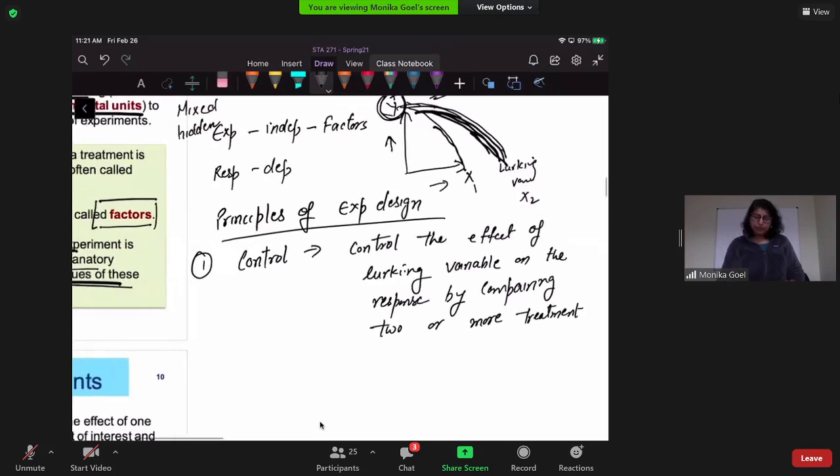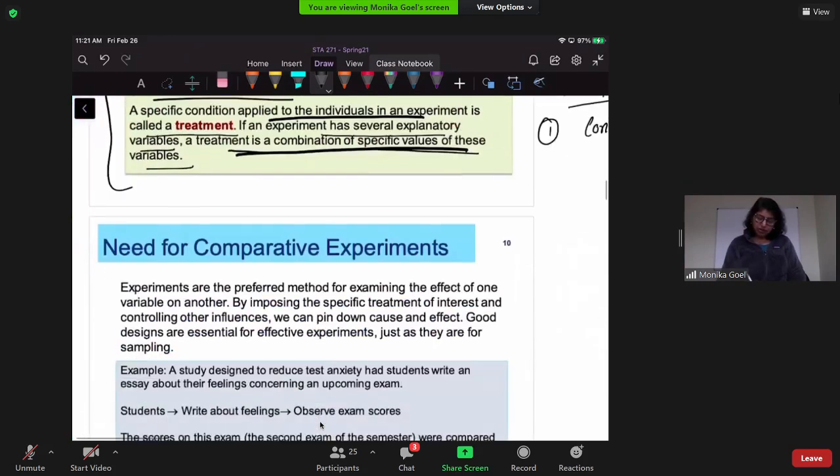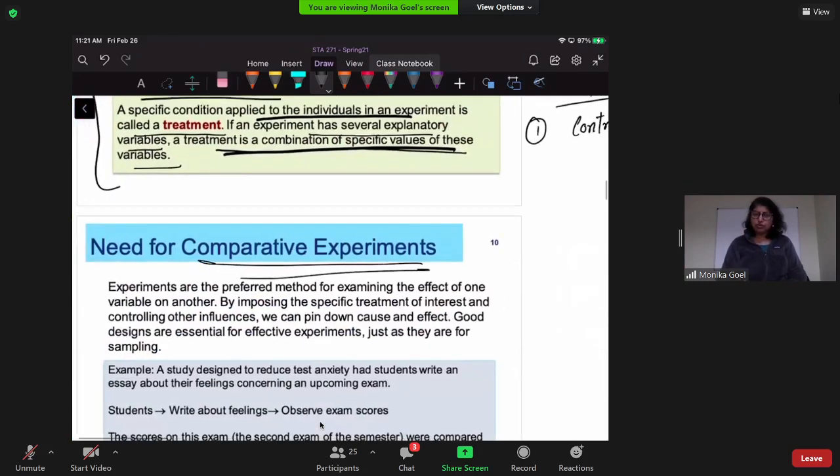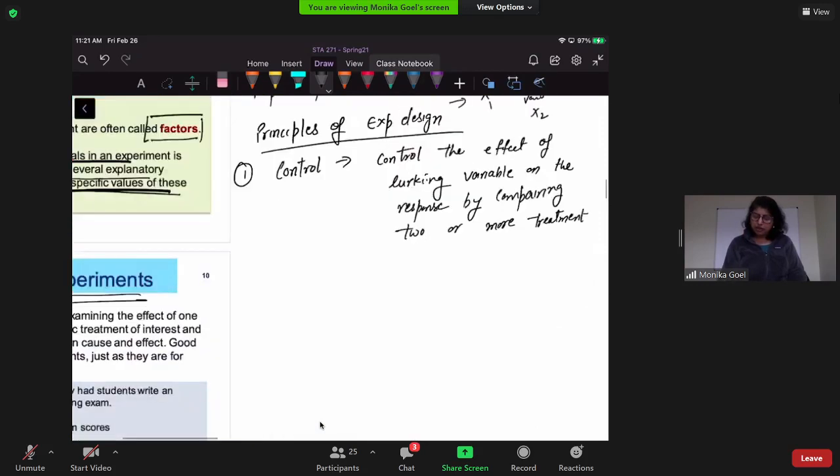And then here we just talk about comparative experiment. So this comparative experiment comes from here. We are comparing the experiments. And how do we compare? We apply different treatments to different groups, and then we compare the effect in each group and see if this is effective in first group or it is defective in the second group, third group, depending upon how many treatment we are working with.